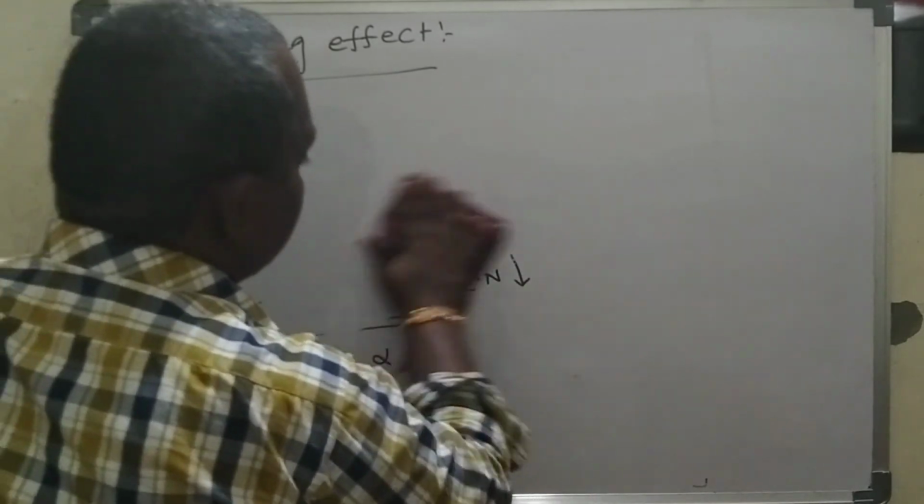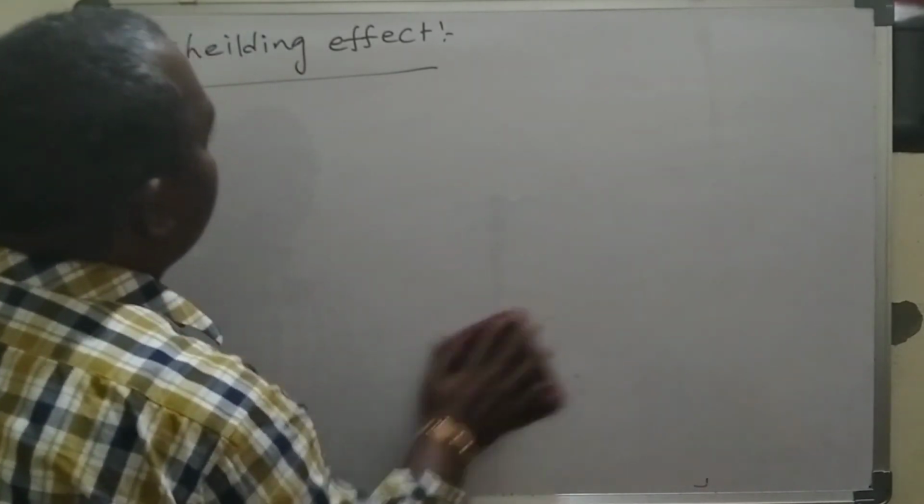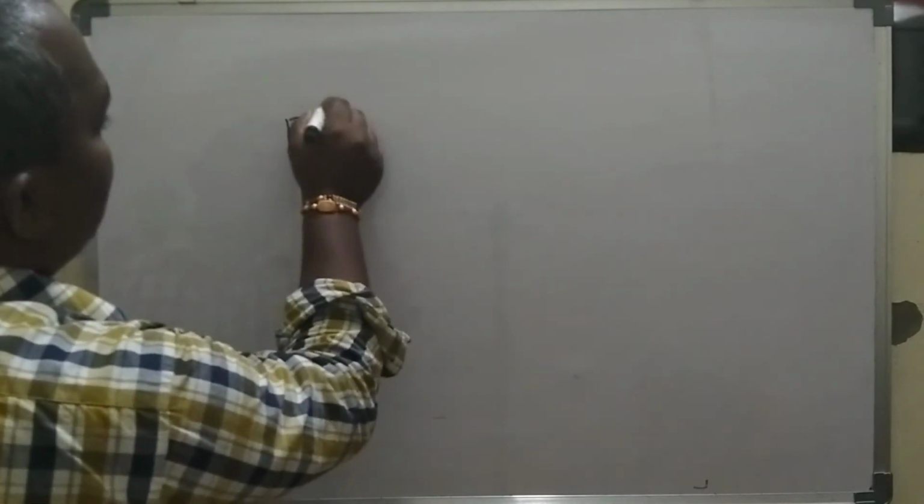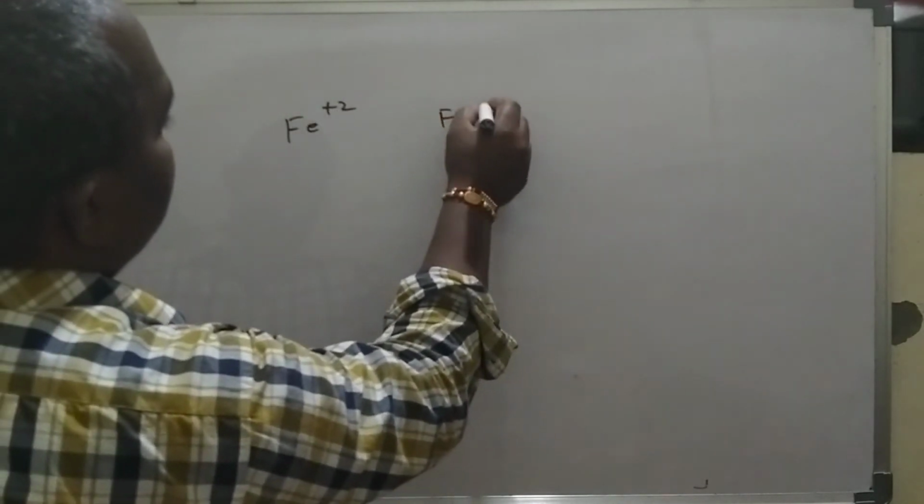What is meant by oxidation state? The charge present in the atom. If you see that iron has a +2 charge and a +3 charge.